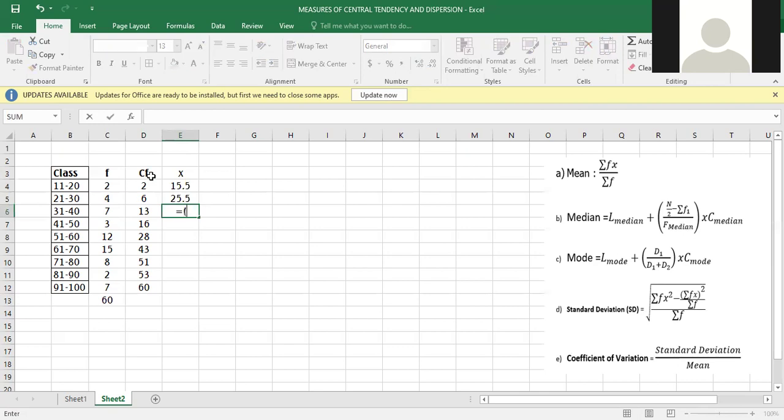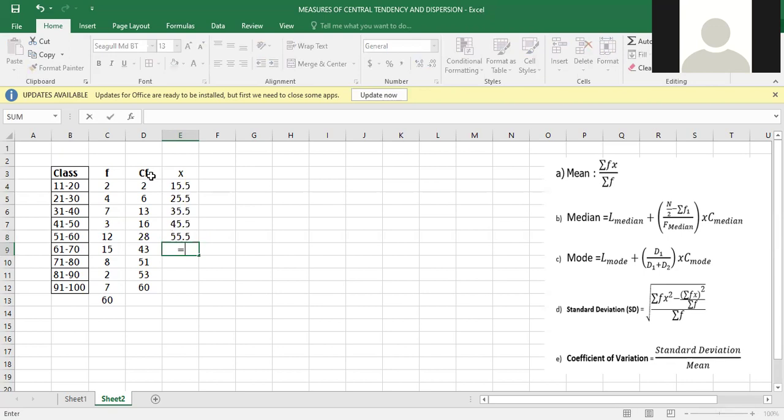So you come here, 31 plus 40 divided by 2. This one will be 41 plus 50 divided by 2. This one will be 51 plus 60 divided by 2.